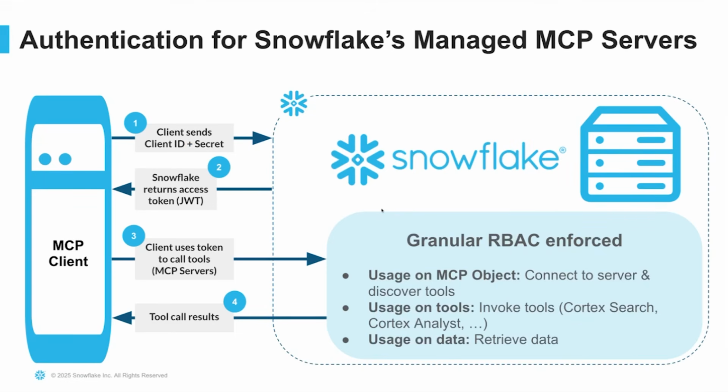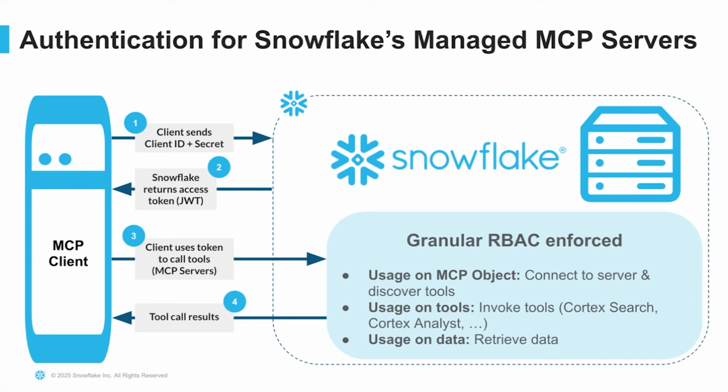So one quick call out on the authentication. We saw this in the configuration and the demo, but the client sends the client ID and secret that you've configured. Snowflake returns the token, and the client uses this token to call tools, and the tool call provides the results.